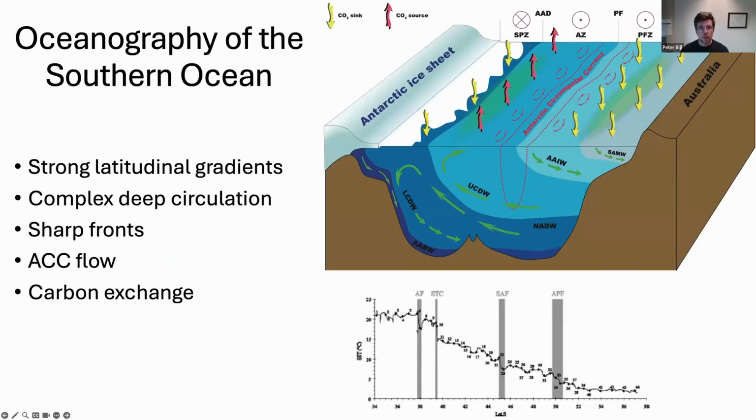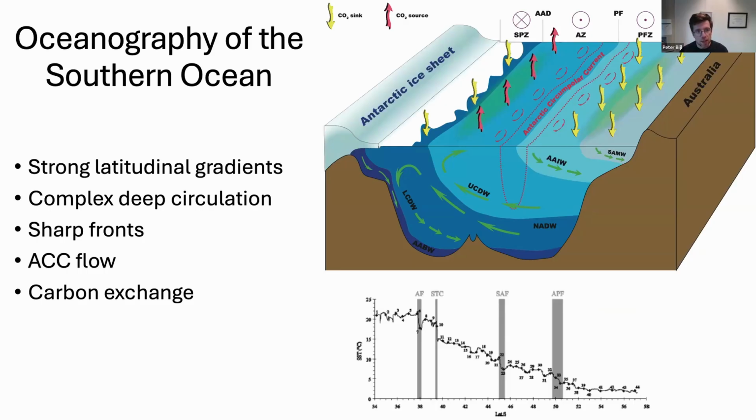If we talk about the oceanography of the Southern Ocean, it's actually a complex interplay of a lot of different processes. The Southern Ocean today is associated with very strong latitudinal gradients in pretty much everything you can think of, from ecosystems to temperature, nutrients, salinity, and also obviously the presence of sea ice.